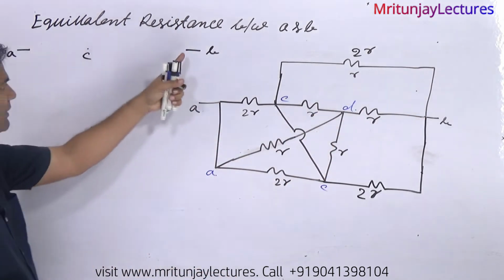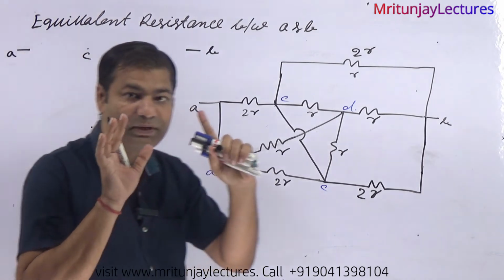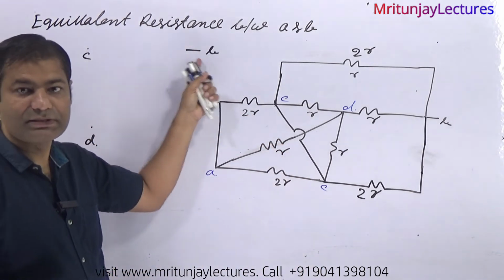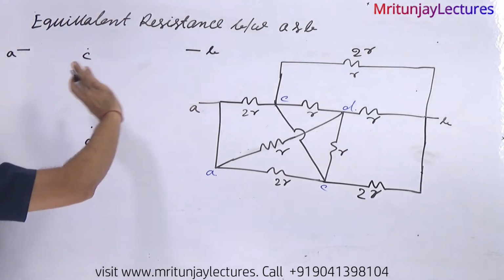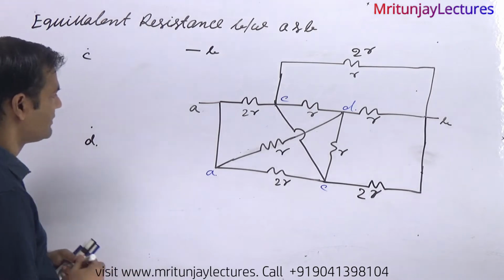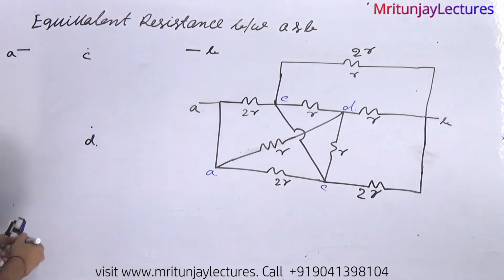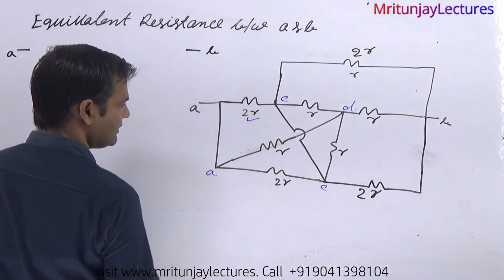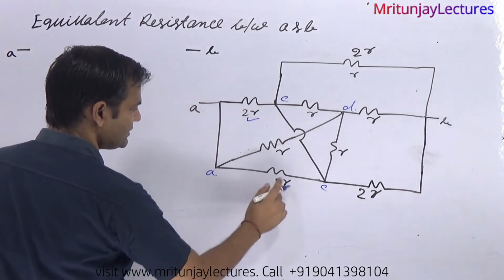Our motto is to determine the equivalent resistance between A and B. So this A and this B always represent the last terminals. Now first of all, make the resistance A to C, 2R. Now another way, A to C, 2R.